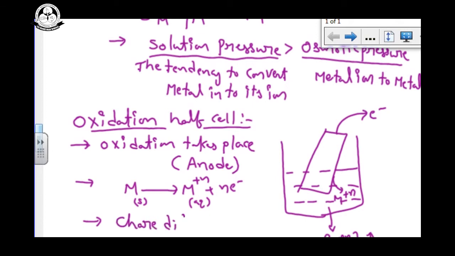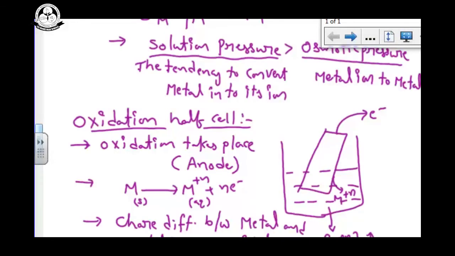That potential is called the oxidation potential, which we can represent by OP.